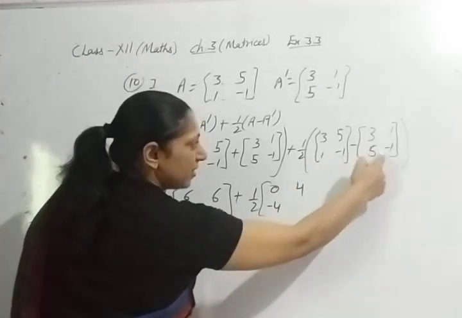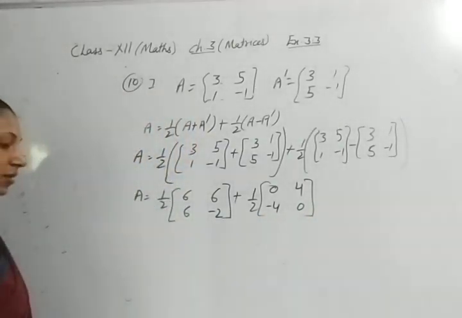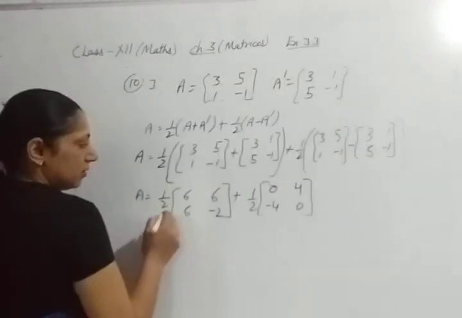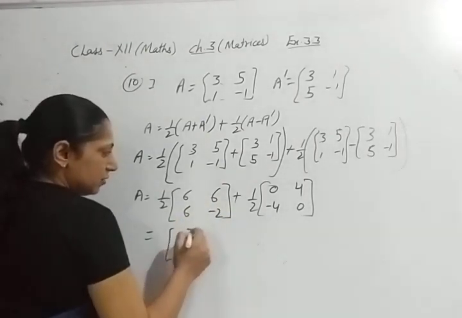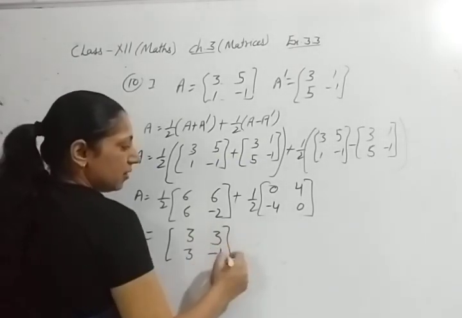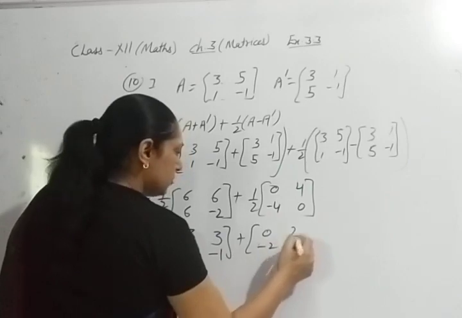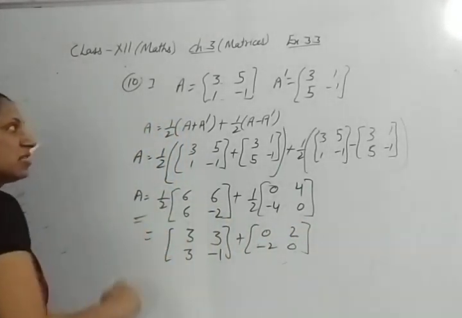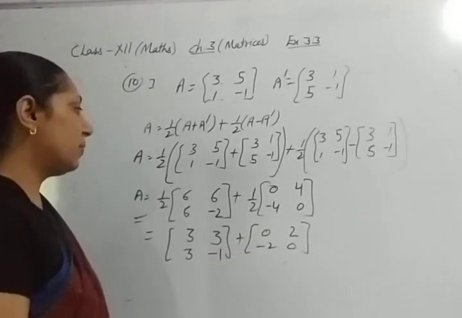Minus 1 minus minus 1, that is 0. So multiply it by half, so we will get 3, 3, 3, minus 1 plus 0, 2, minus 2, 0. So we can express this matrix as a symmetric and skew symmetric matrix.